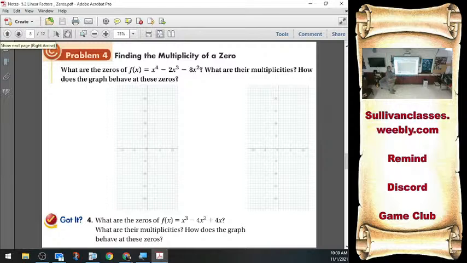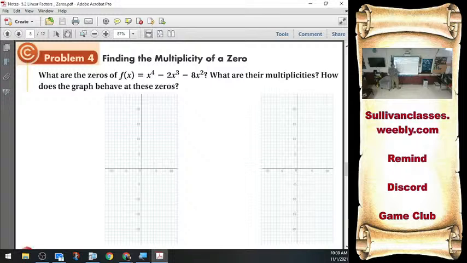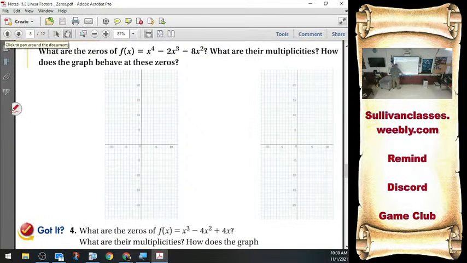So, when they ask what are the zeros of the thing and what are the multiplicities, you better get your graph on. Maybe your factor on. Could I factor that? Yeah, GCF, right? So if I have x to the 4th minus 2x to the 3rd minus 8x squared, what's the greatest common factor?